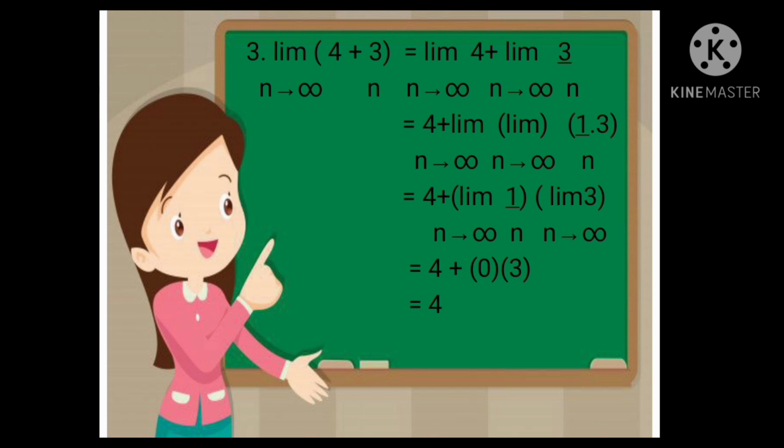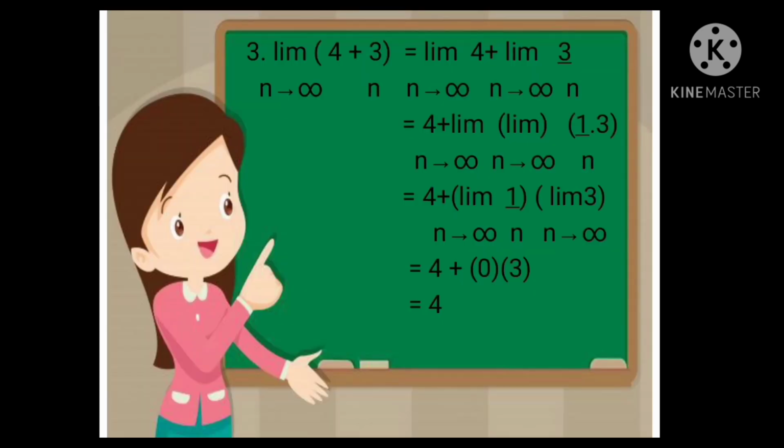So 4 plus 0 times 3, which is 0. So 4 is left. So the answer is 4.